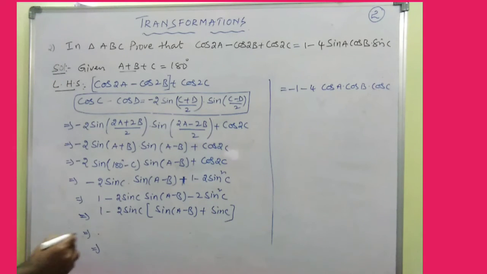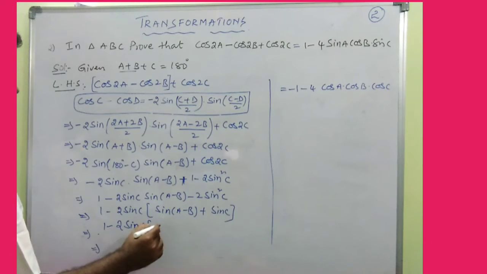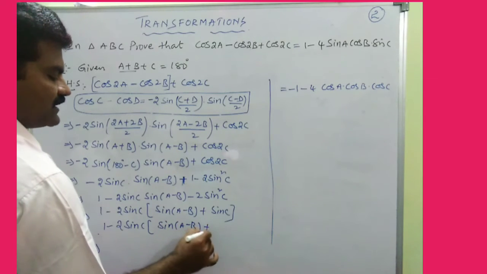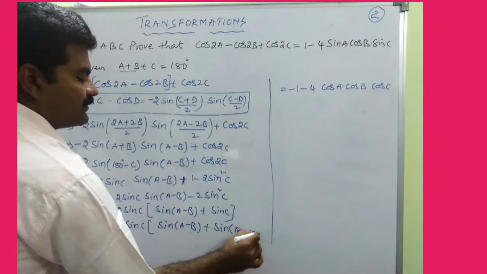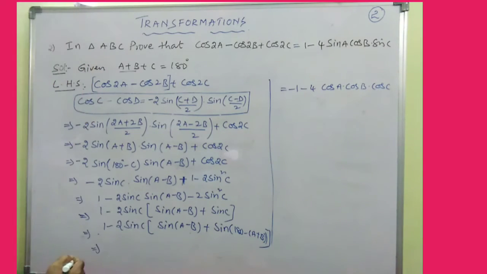Okay, so 1 minus 2 sine C into sine of (A minus B) as it is, whereas this sine C I can write as again sine of 180 minus (A plus B). Close the bracket.